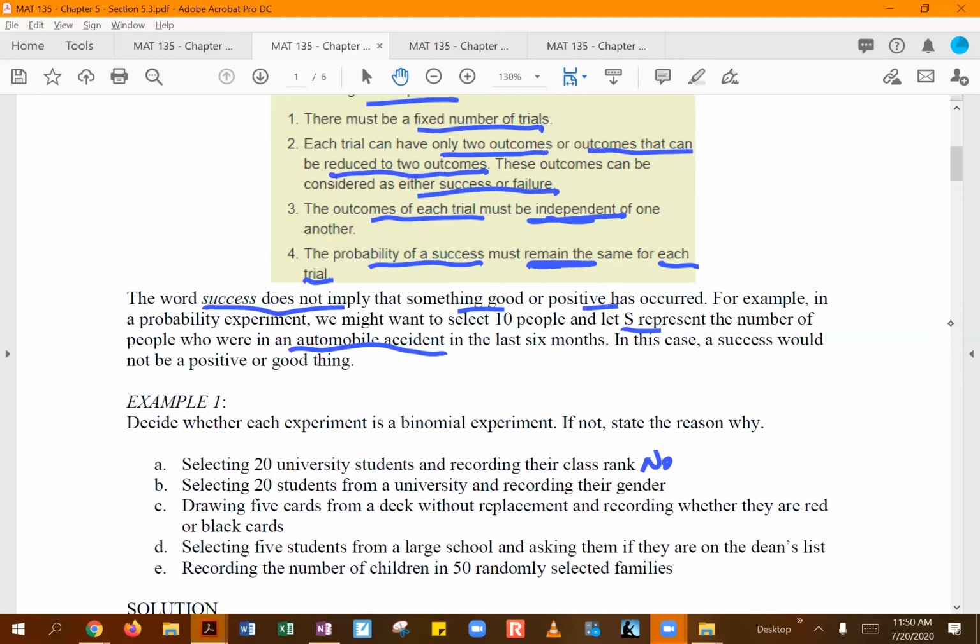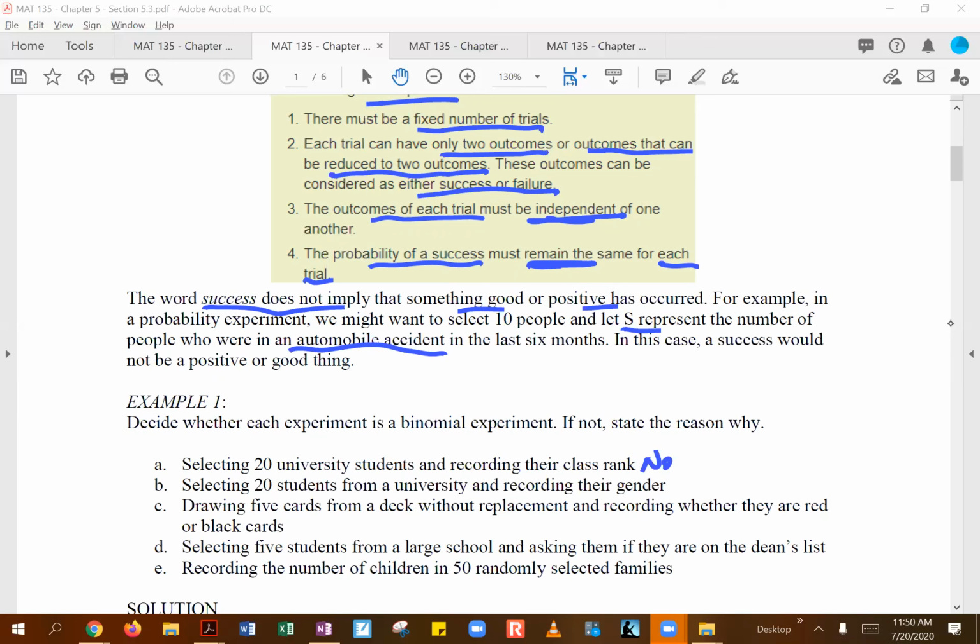Selecting 20 students from a university and recording their gender. Other than the 2 outcomes, we also want to make sure we're satisfying the other 3 requirements. There should be a fixed number of trials, which is fixed because we're only looking at 20 students from the university. The outcome of each trial must be independent.